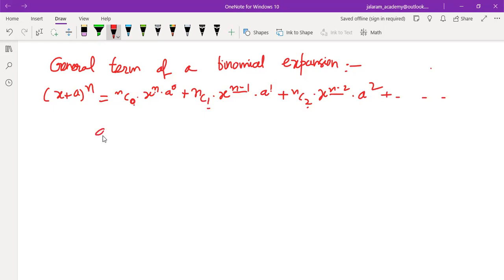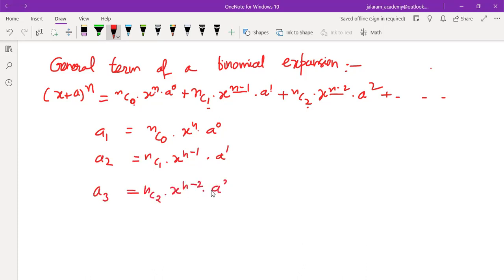Is that clear to you? Means first term is nC0 x^n a^0, second term is nC1 x^(n-1) a^1, third term is nC2 x^(n-2) a^2. Can you tell the 10th term?